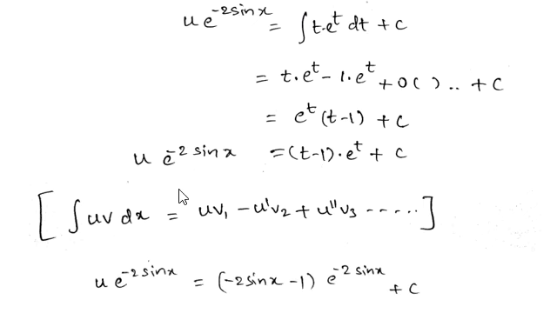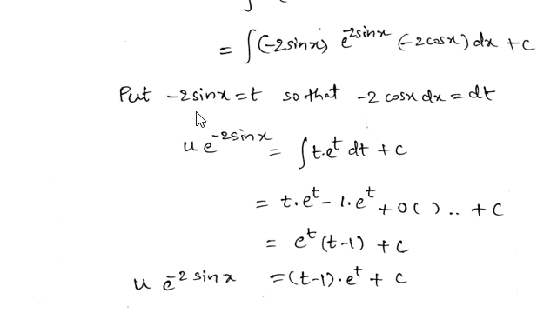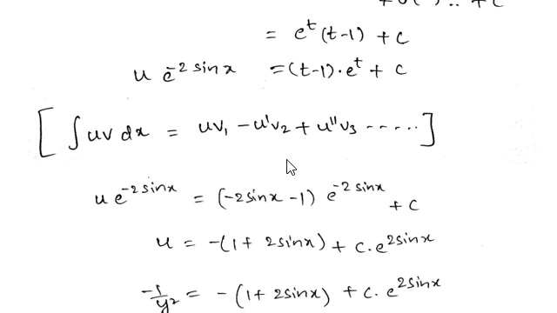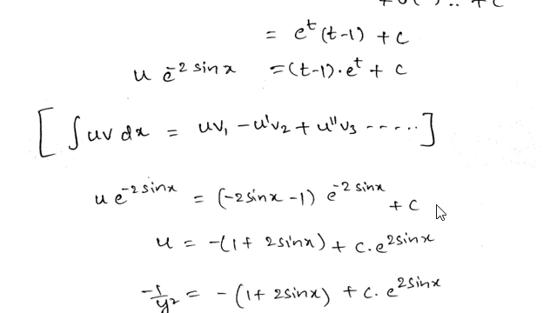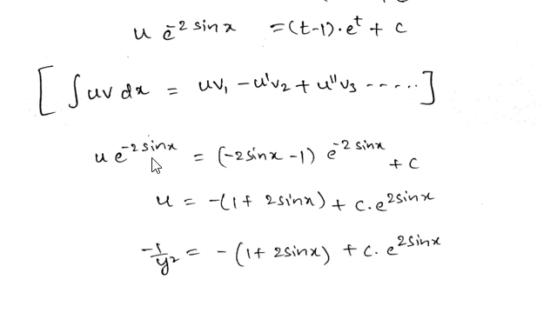Once again, simplifying, u into e to the power of minus 2 sin x, and in the place of t we substitute minus 2 sin x. So we write minus 2 sin x minus 1 e to the power of t, replacing t with minus 2 sin x, plus c, and sending this e to the power of minus 2 sin x to the right side, it divides. So here you get c divided by e to the power of minus 2 sin x, and writing in the numerator you get c into e to the power of plus 2 sin x.